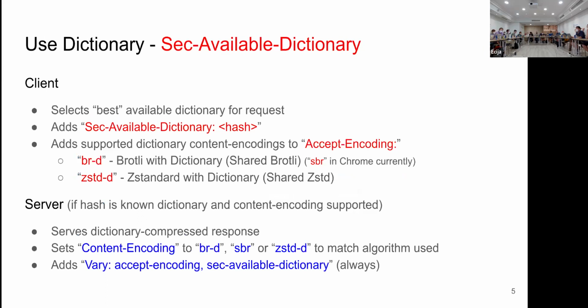Once the client has a dictionary and it thinks it can use the dictionary for a given request, the client advertises the dictionary in a Sec-Available-Dictionary header. The value is a hash of the contents of the dictionary. We currently have two new content encodings, br-d for Brotli with a dictionary, and zstd-d for Zstandard with a dictionary.